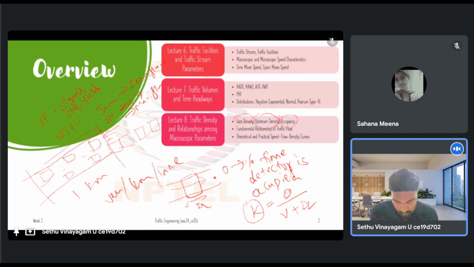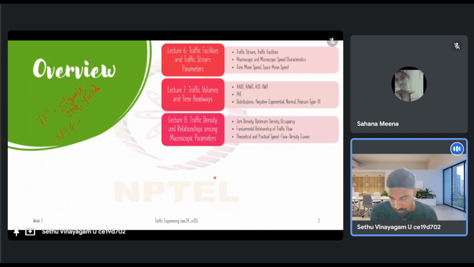Okay, and then we have looked at the fundamental relationship of traffic flow. What is the fundamental relationship of traffic flow? We have three basic variables: speed expressed as V, flow expressed as Q, and density expressed as K, right? These are the three fundamental parameters of traffic. They are related as Q equals K times V. So this is the fundamental relationship: flow is density times the speed.